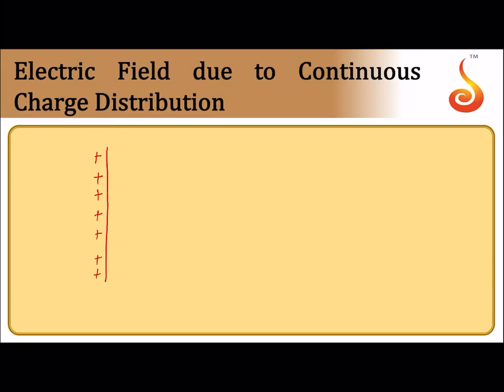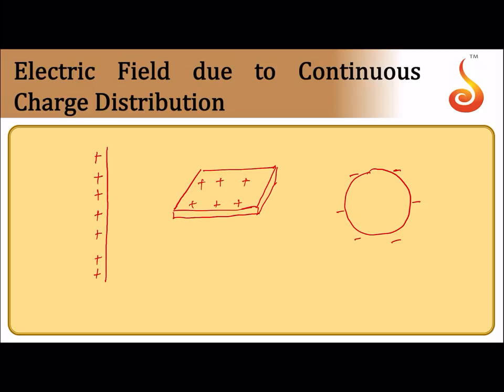Or imagine a plate, maybe a conducting plate on which charges are sprayed. Or maybe a conducting sphere. You have a spherical conductor and imagine that the charges are sprayed on this conductor.